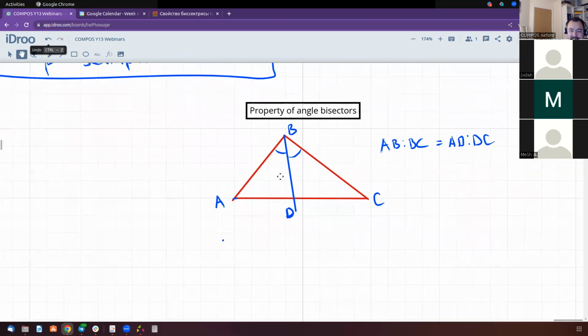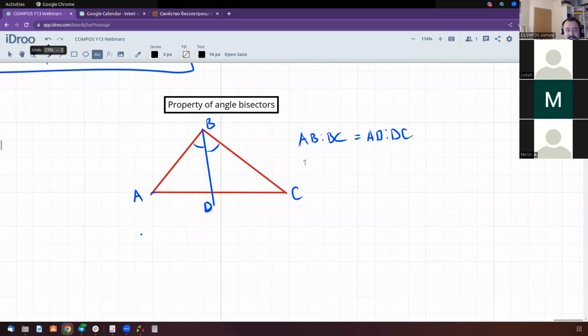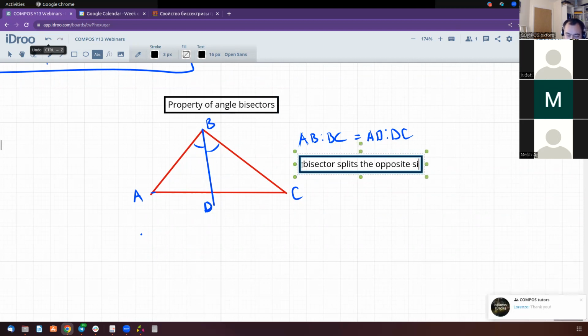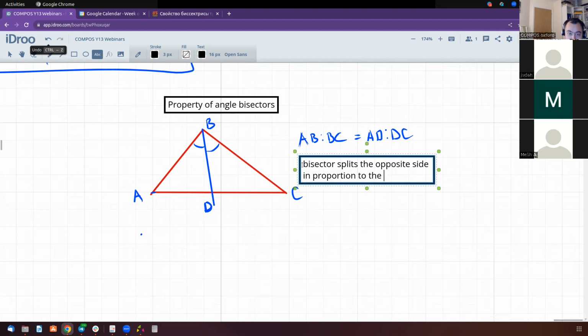Let's prove it. Basically what it says is that the bisector splits the opposite side in proportion to the sides of the triangle.